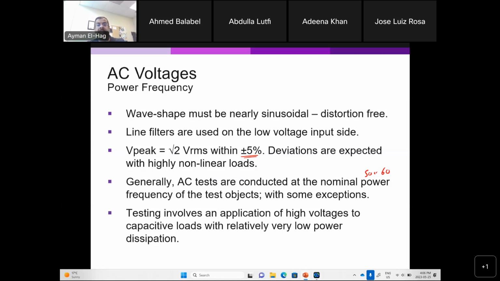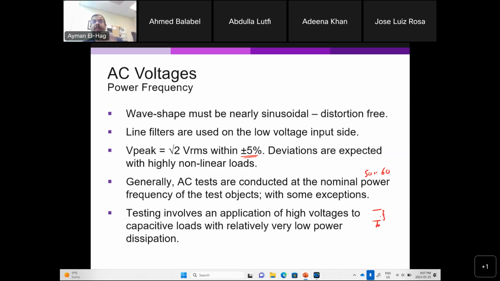Okay, so now what are our assets? What are we basically testing? We are testing the insulation. Regardless of the test that you are using, you are applying the high voltage between an electrode and a ground, so you are testing the insulation in between.